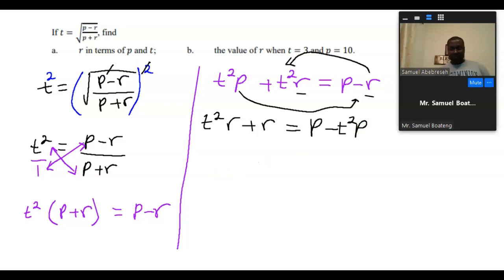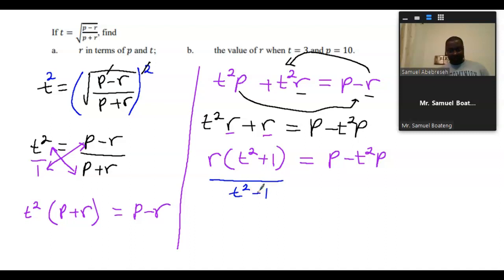Okay, so on the left-hand side, we have R appear on each term. So let's factorize it. It's common. You can bring it out, R out, bracket open, T squared plus 1 equal to P minus T squared P. Okay, so to make R the subject, we can divide both sides by T squared plus 1.